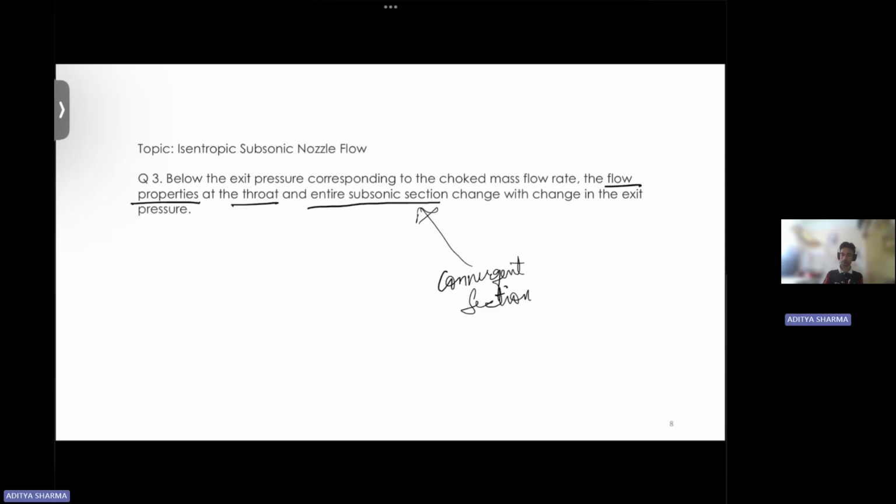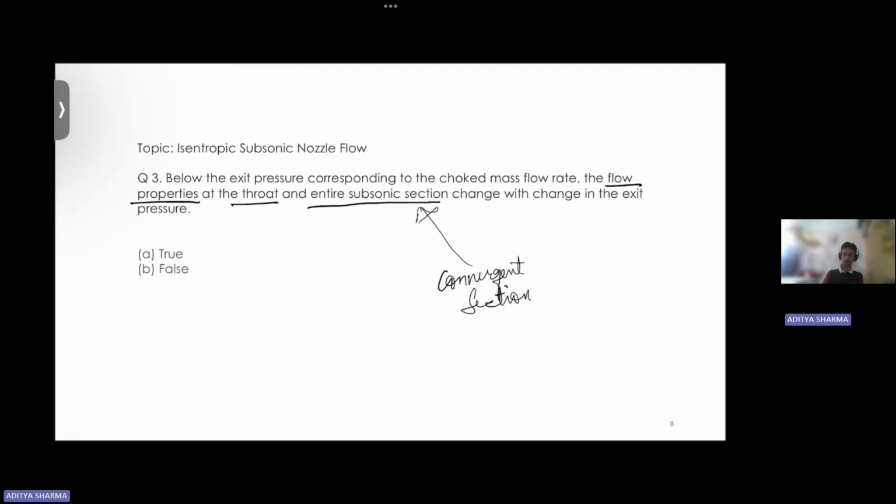The question says they change with change in the exit pressure. So the properties in this subsonic section and this throat also change.